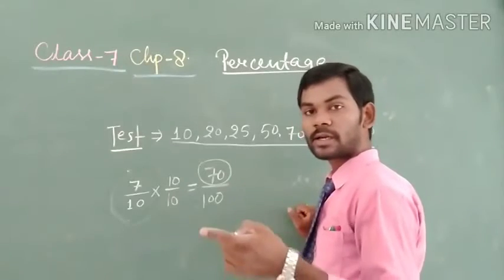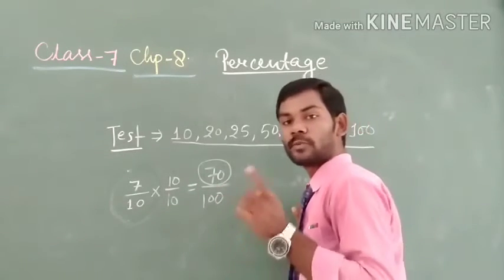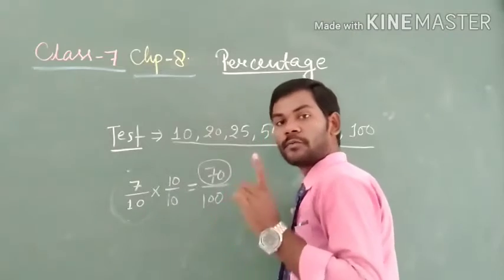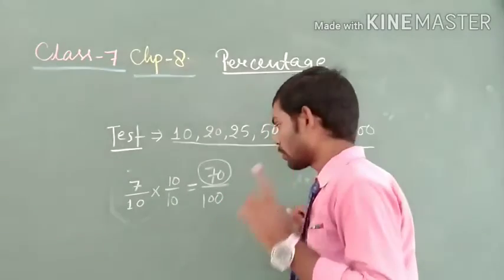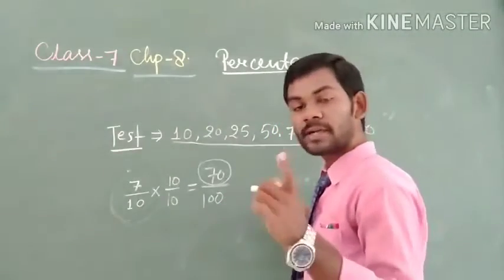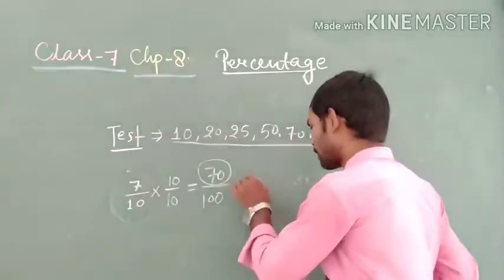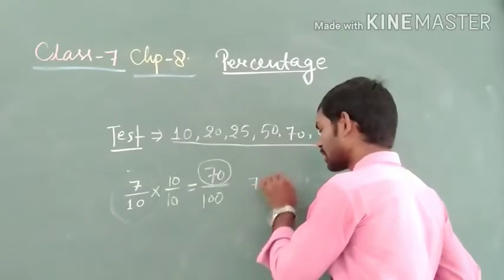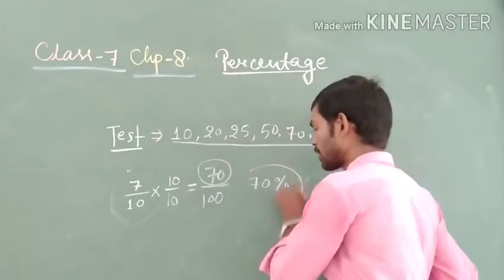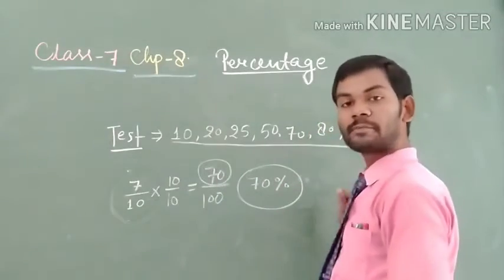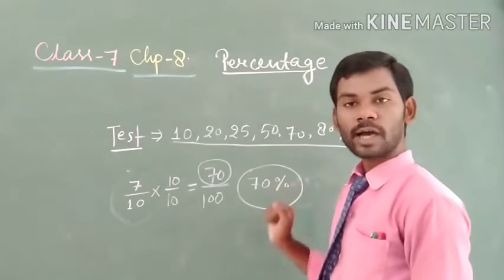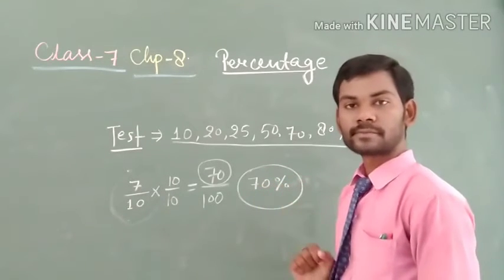Therefore, when we convert the denominator into 100, we don't say that we obtain 70 marks. We say that we obtain 70% marks out of 100.